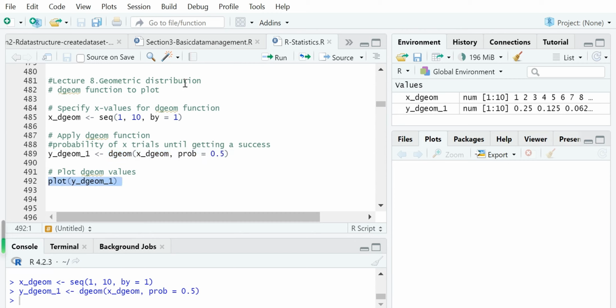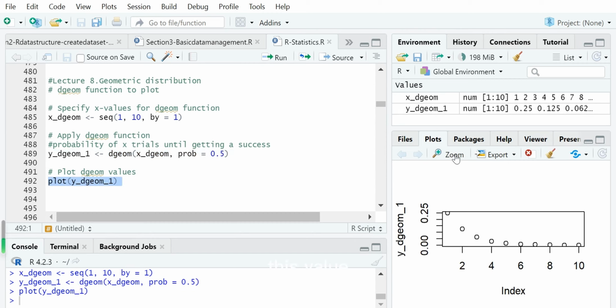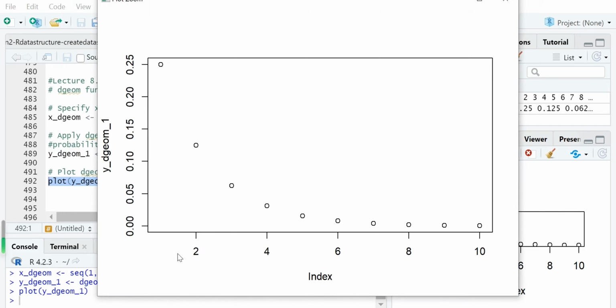Then we plot these values. For example, for random number 1, you get about 0.25, and for 2 about 0.12, right? So the probability decreases as the random number increases.